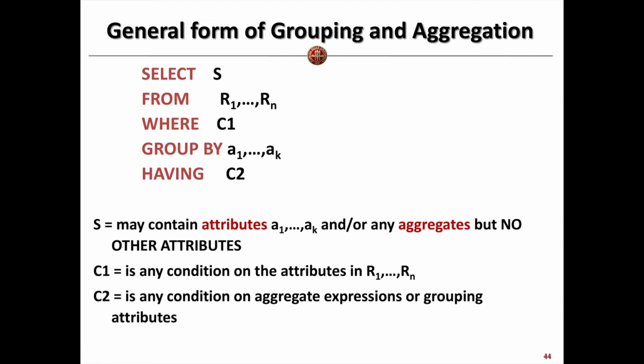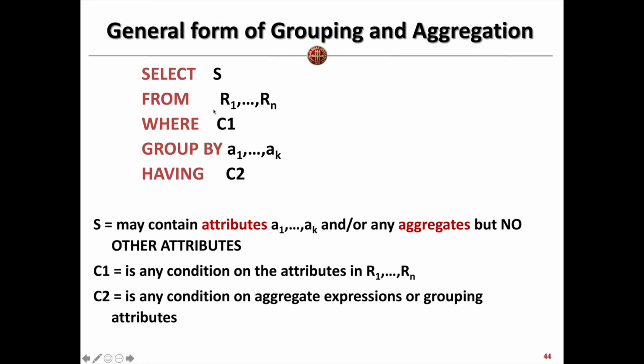I hope you remember the restriction for the attributes appearing in S here, right? These S attributes should be either aggregated or they appear in the GROUP BY list. And for the attributes appearing in C2, this condition, they should also be either aggregated or appear in this GROUP BY list.